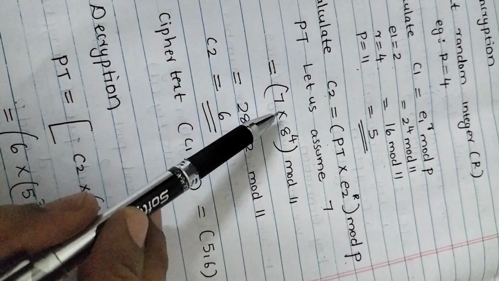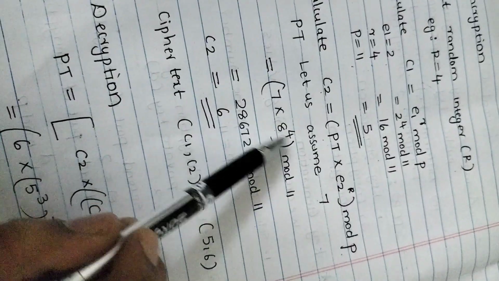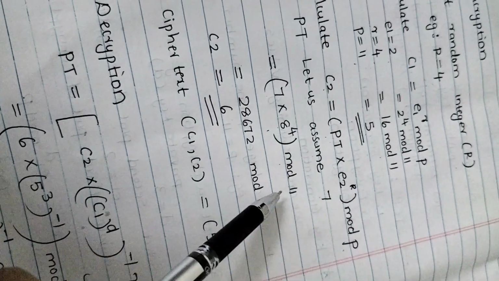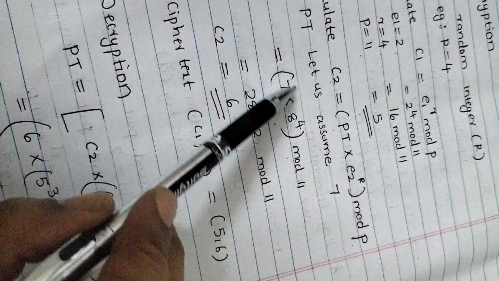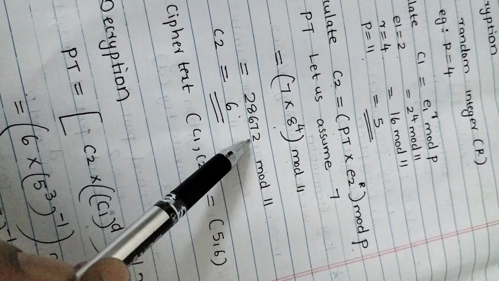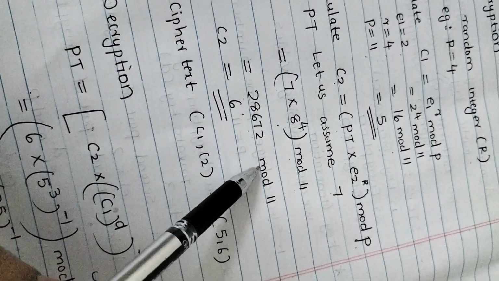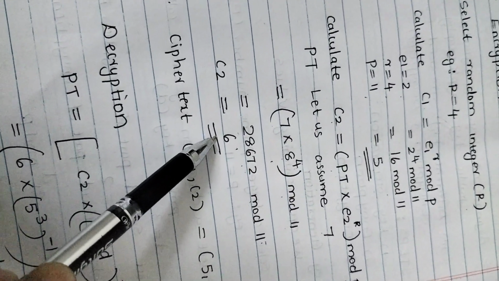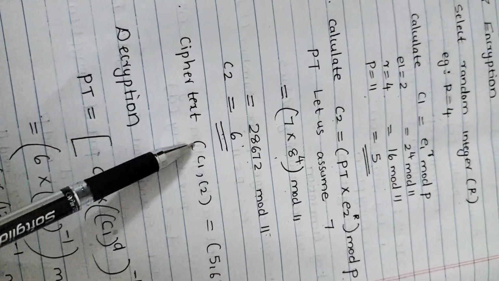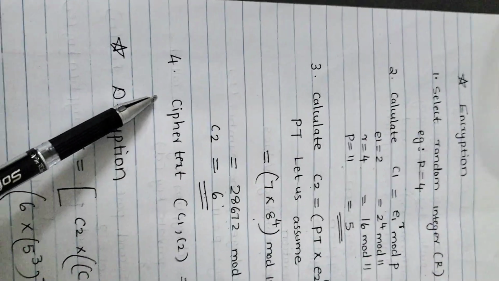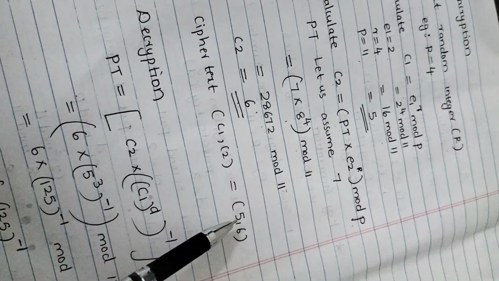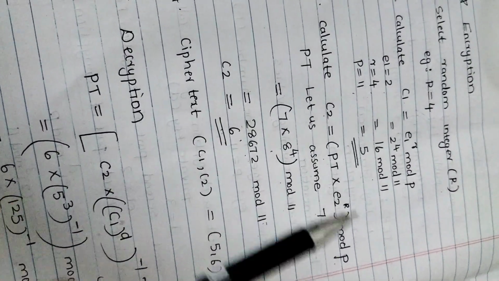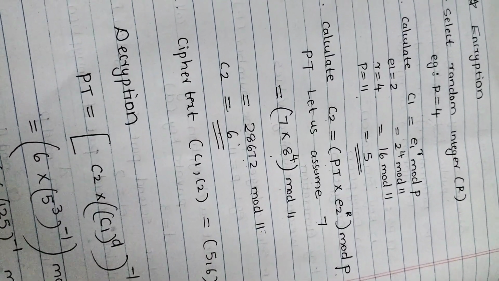So 7 into E2 is 8, R we have taken as 4, so 8 power 4 mod 11, our P value. After calculation, 28672 mod 11, we get C2 equal to 6. So the ciphertext combination, the fourth step, is C1 comma C2, so we get 5 comma 6 as the ciphertext value. This value has been sent to the receiver.